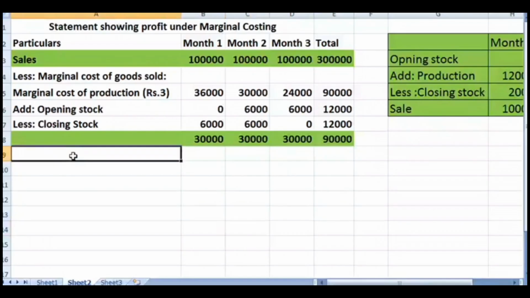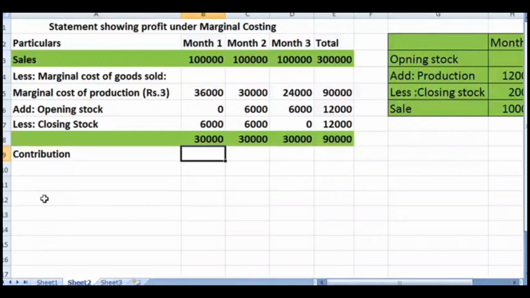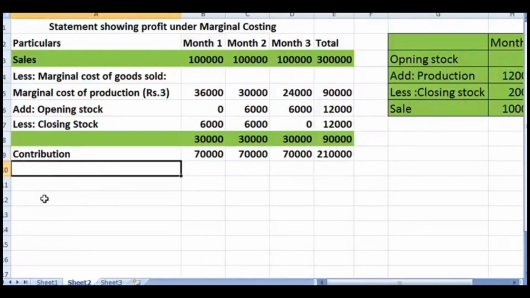Now sales minus marginal cost is equal to contribution. What is contribution in the first month? 1 lakh minus 30,000, 70,000, and 70,000, and 2 lakh 10,000. Okay, this is contribution.